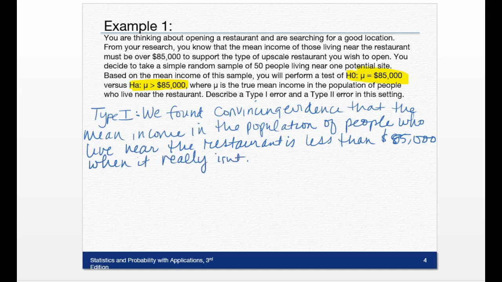Okay? So type 1, we rejected the null. That means we found evidence of the alternative. So we described the alternative. Because of our evidence, we think this is true, but it really isn't.